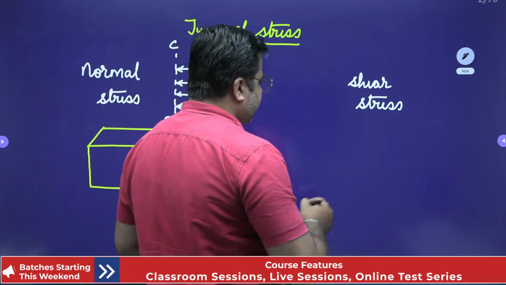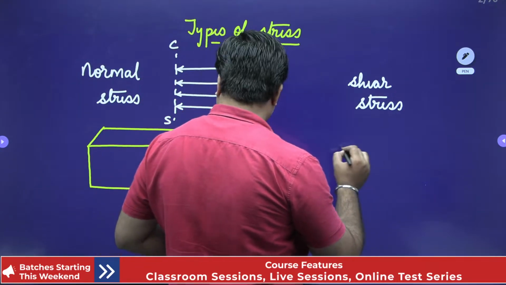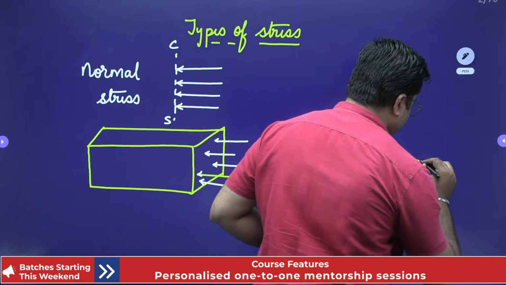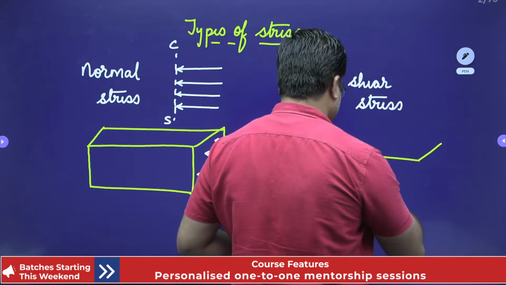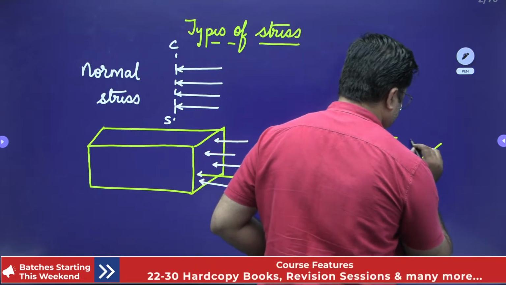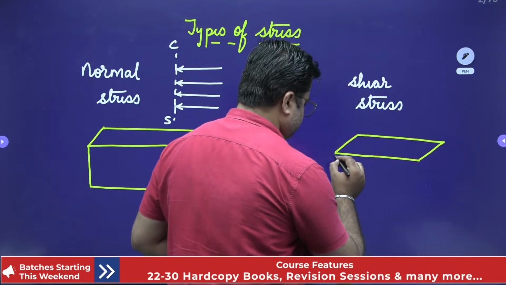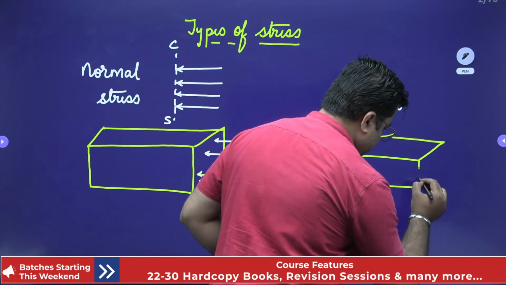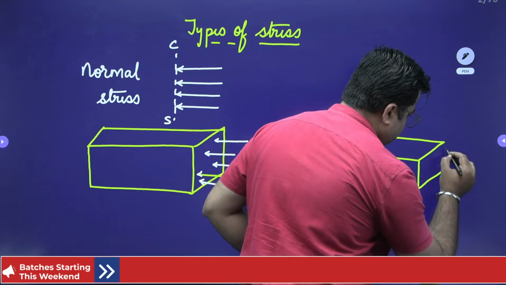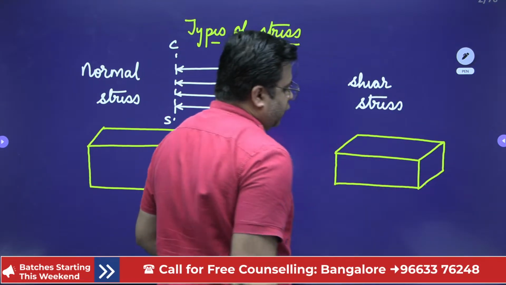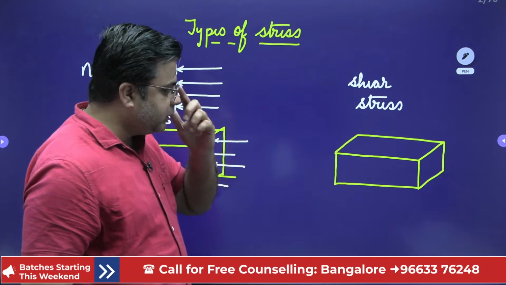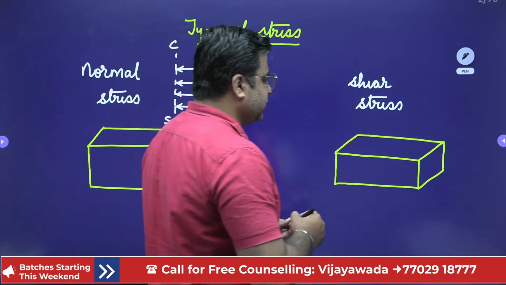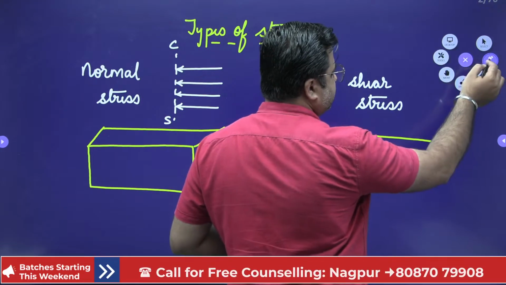On the other hand, again I'll take some body like this. For this body, if the stresses are acting along the area, then these stresses will be termed as shear stresses.